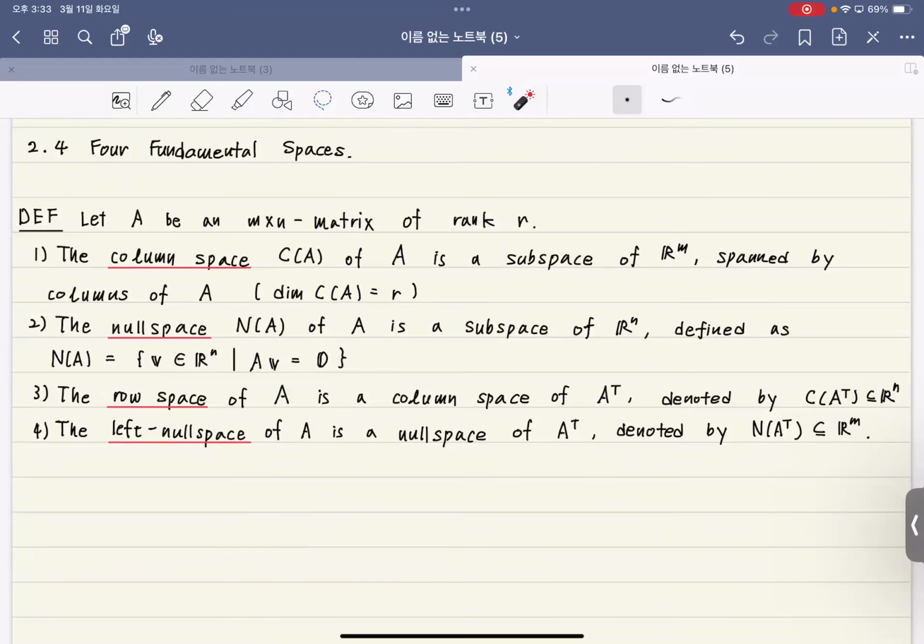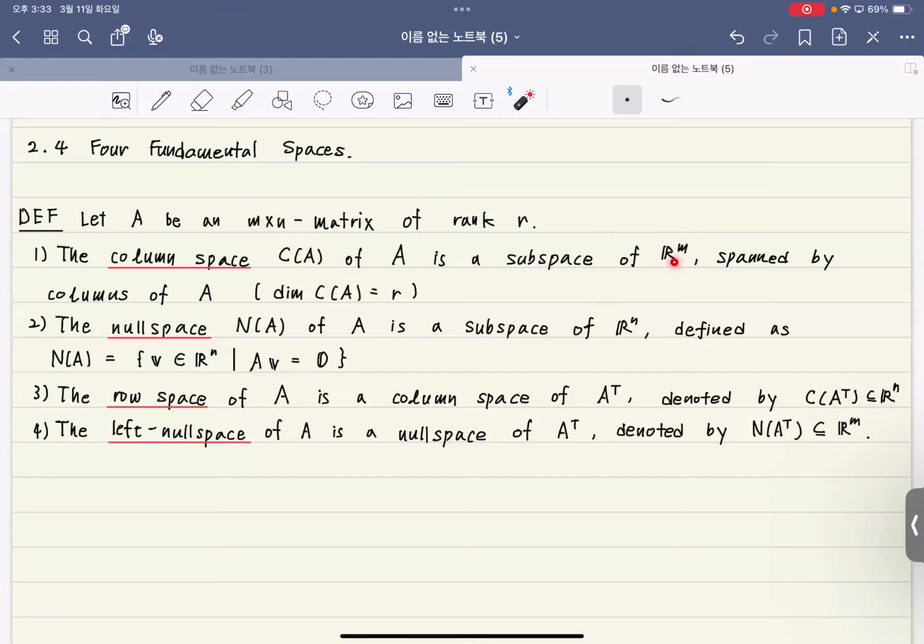I have a matrix A, which is m by n, and whose rank is R. The column space is a subspace of R^m. Yeah, these numbers are very important. I have m rows.